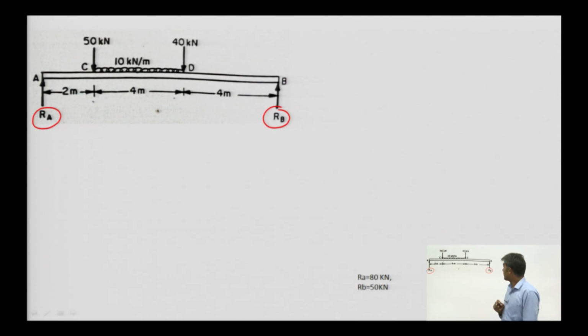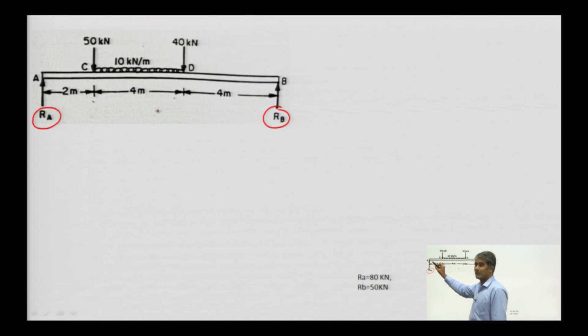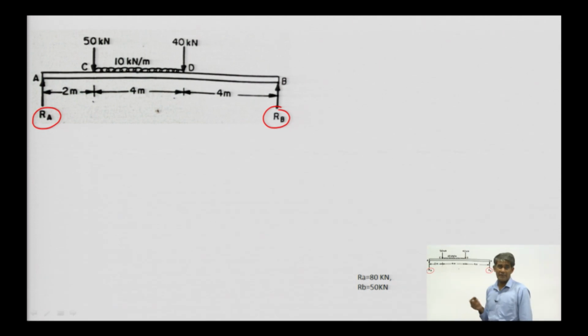For calculating the support reactions at point A and point B, what type of support can be there? Support can be roller, support can be hinge, any type of support at A and B can be there.